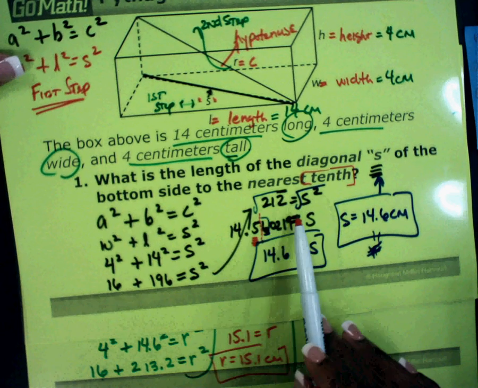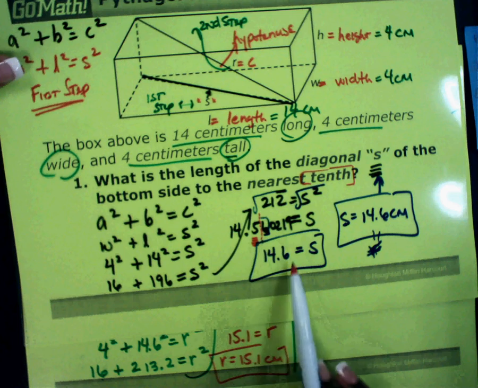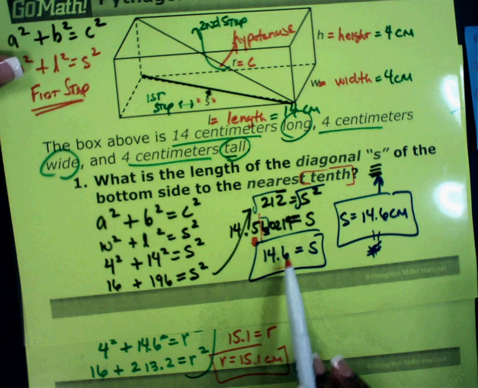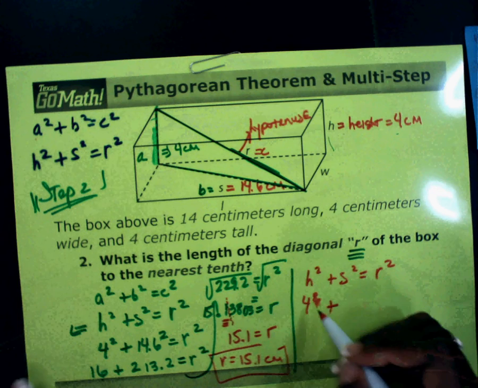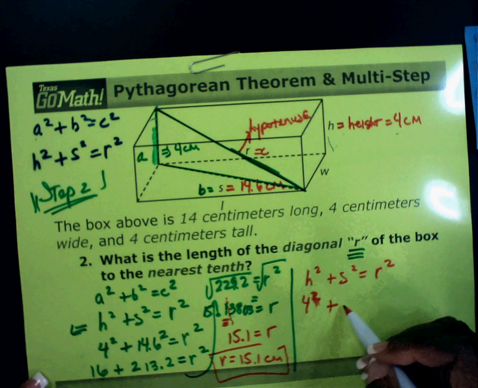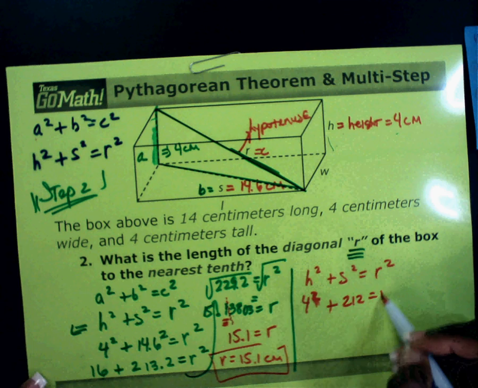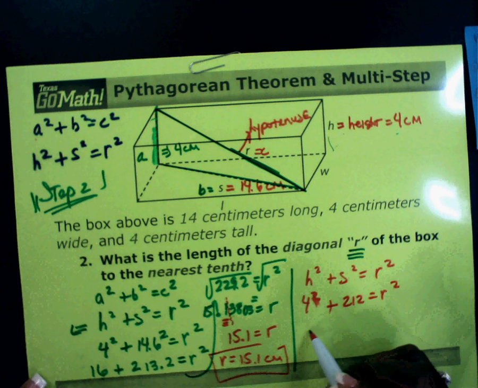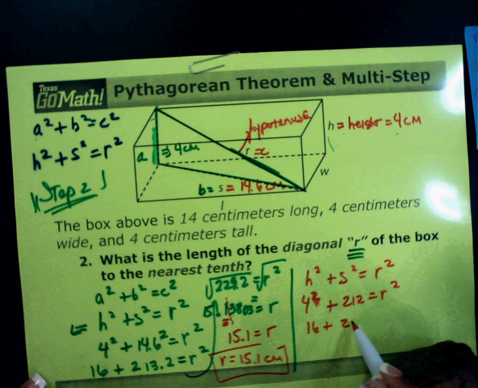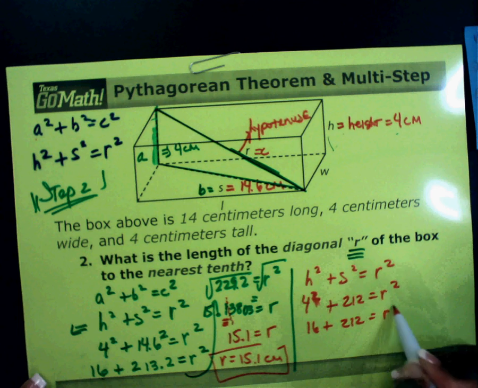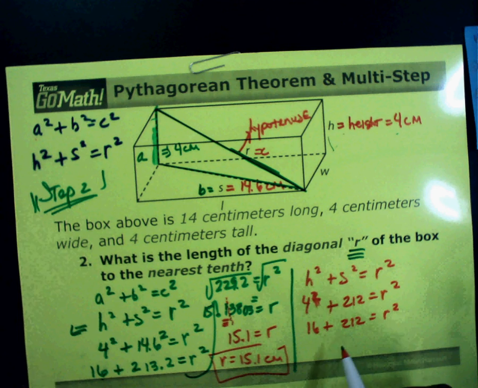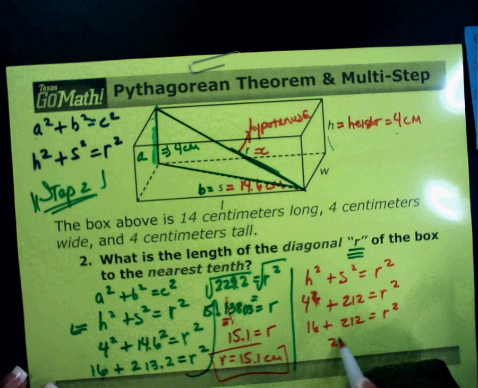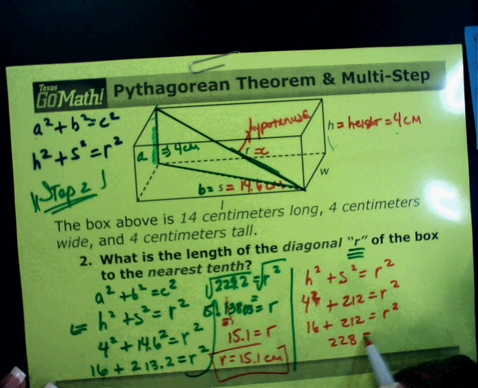So instead of using the decimal, we're just going to use 212. So 4 squared plus 212 equals r squared. Then we simplify: 16 plus 212 equals r squared, and adding these together we get 228 equals r squared.